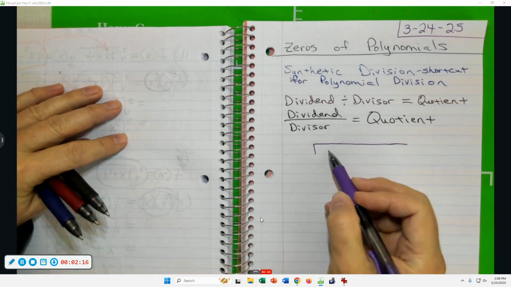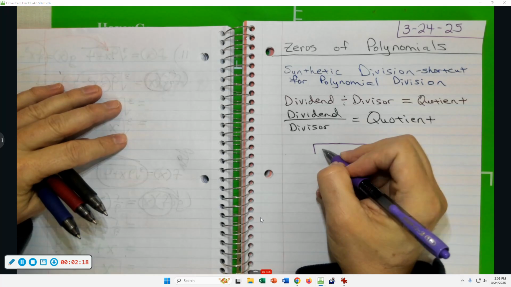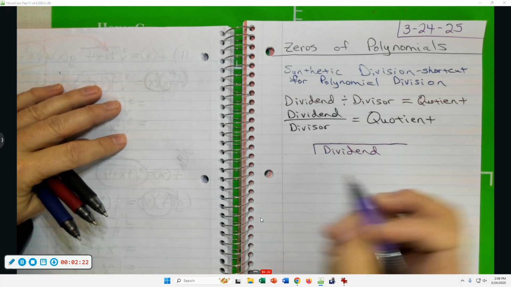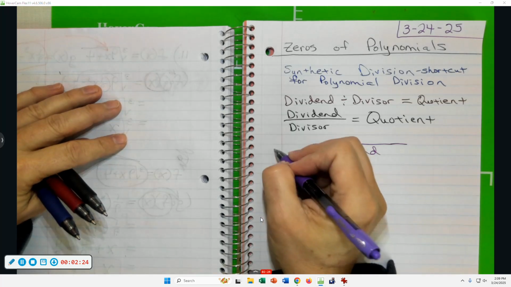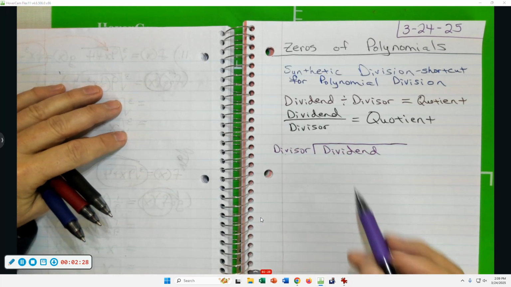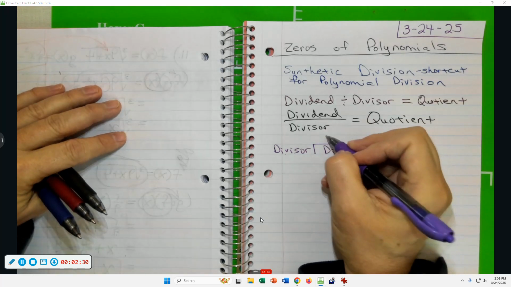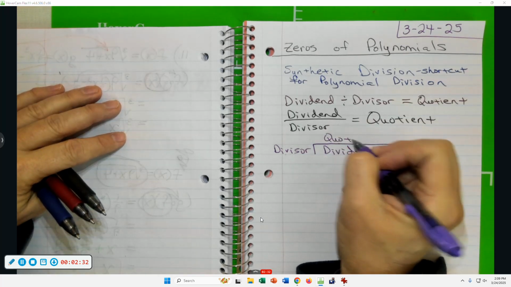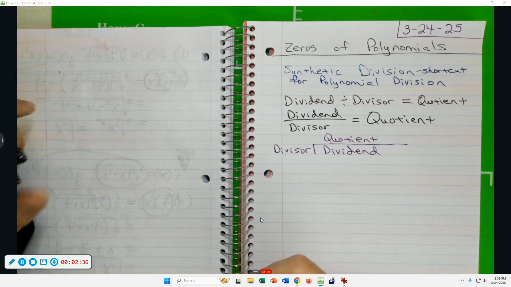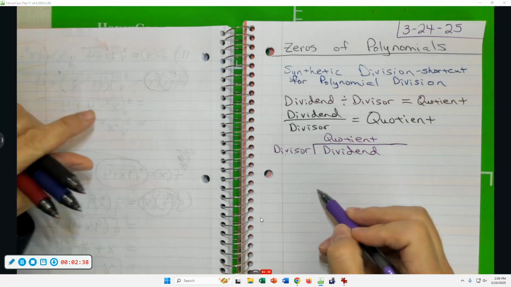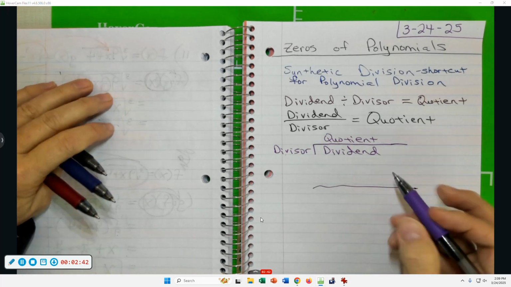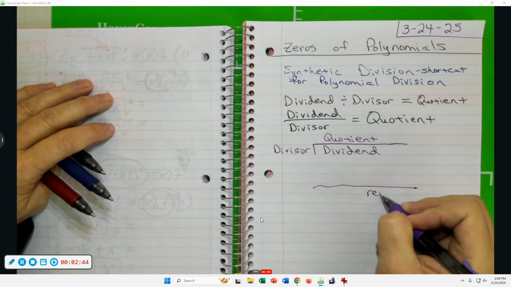The thing underneath the division symbol is the dividend. The thing doing the dividing is the divisor. The thing that goes up on top is the quotient. And the number that's left at the bottom, if you have one, is called the remainder.